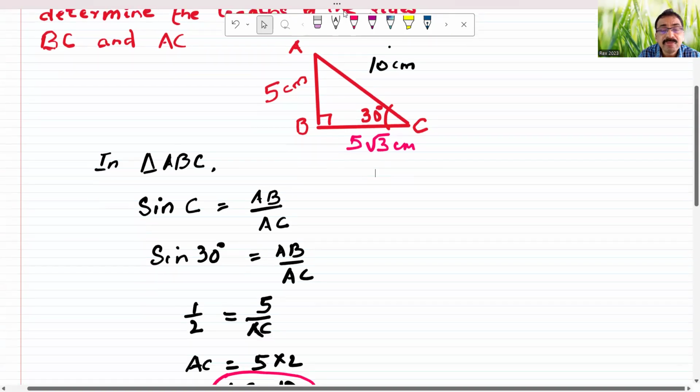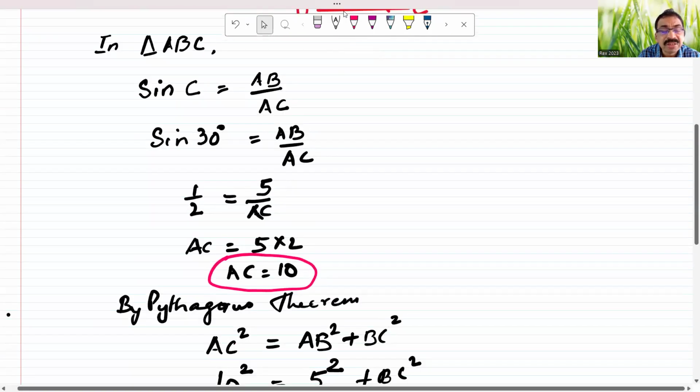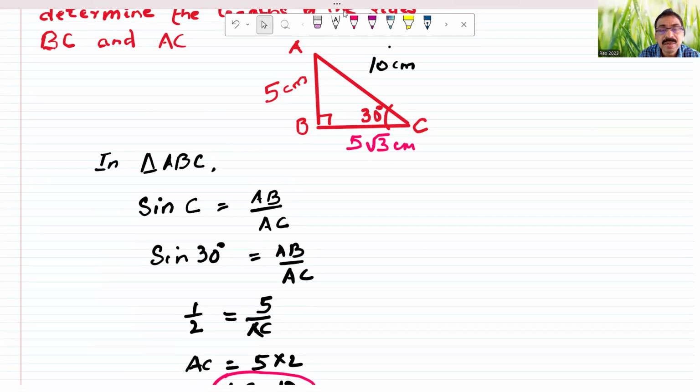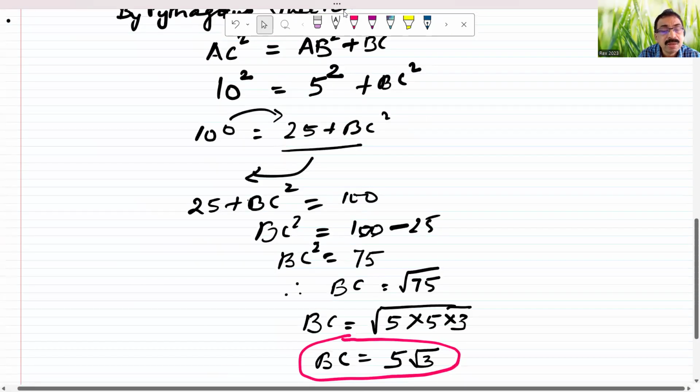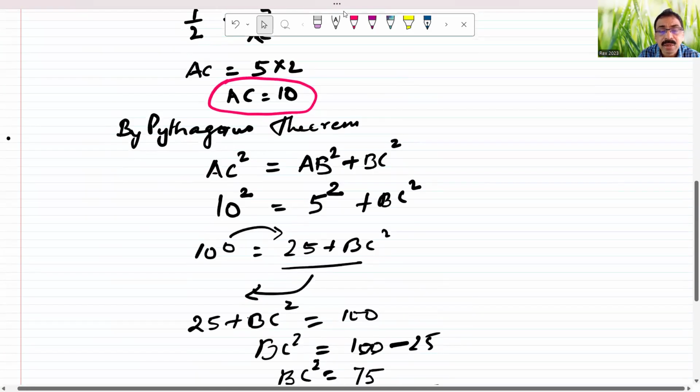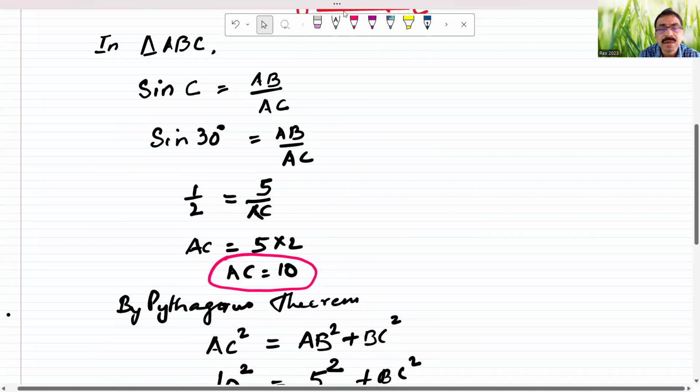And from that, we found out the value of AC. Once you get AC, you already have AB, so two sides we've got now, and it was easy to find the third side by using Pythagoras theorem. Hypotenuse squared is equal to sum of squares of the other two sides. We did that and found out the BC side as 5 root 3. So that's how we got both the answers.